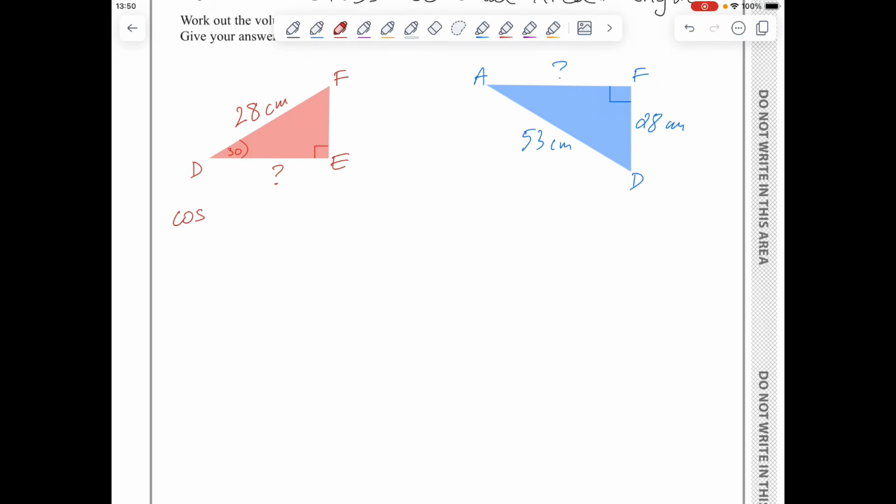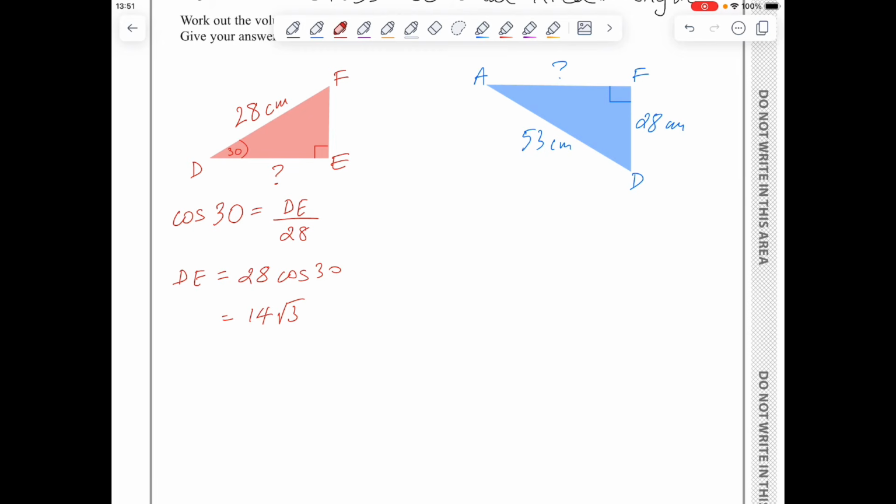So cos of 30 is equal to the adjacent, which is DE, over the hypotenuse, which is 28. Therefore, DE is equal to 28 cos of 30. Put this on the calculator. You'll get a value of 14 square root of 3.